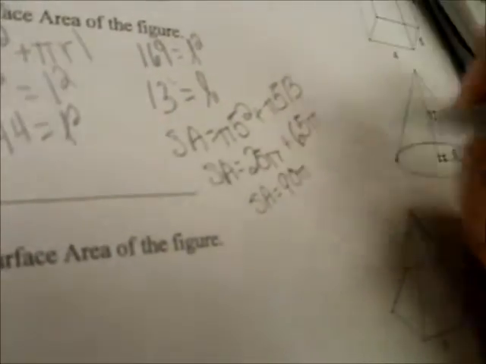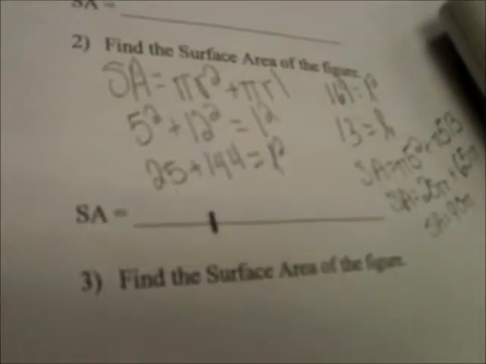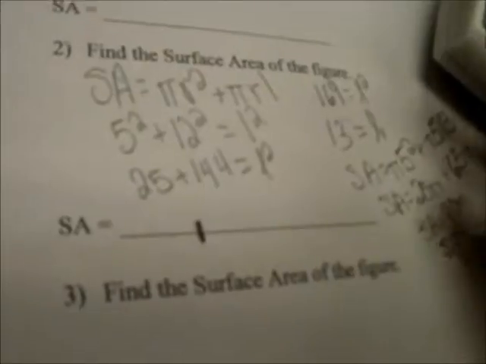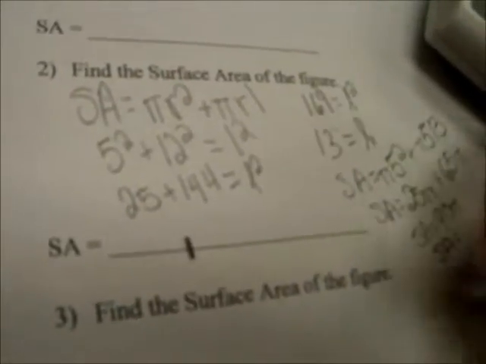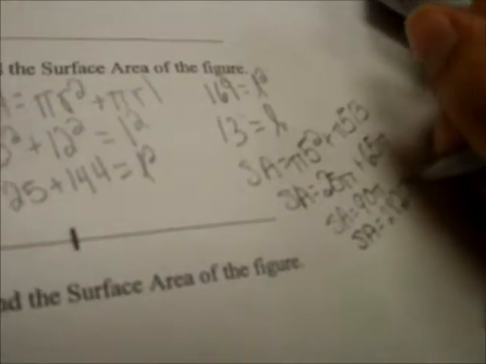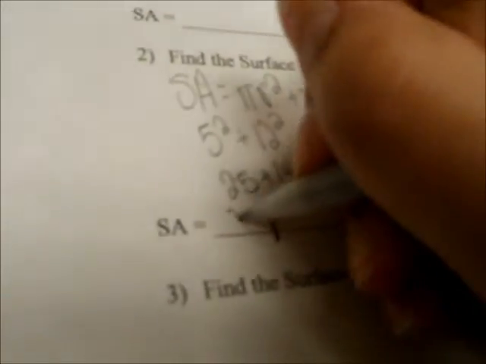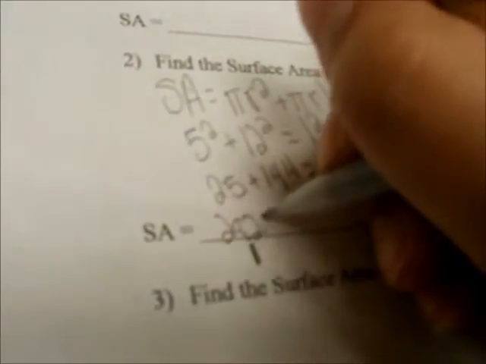Then you put that into your calculator to get an approximate value of 282.74. So your surface area is equal to 282.74.